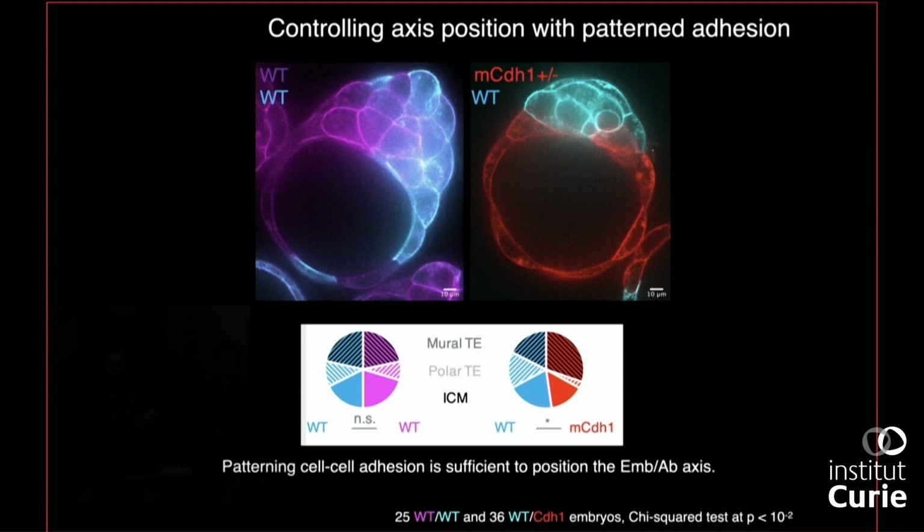So by patterning cell-cell adhesion, you can position the lumen, and this is sufficient then to position the first axis of symmetry of the embryo. And this will determine then its implantation site and its dorsoventral axis. Okay? So this is a mechanical patterning. The way this symmetry is broken is mechanical.